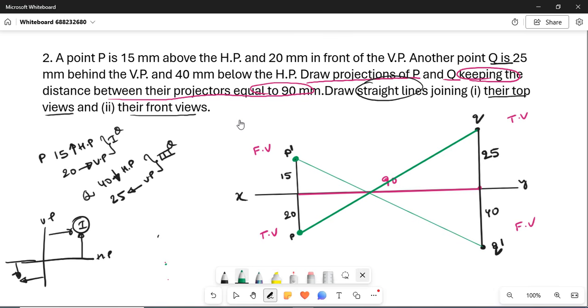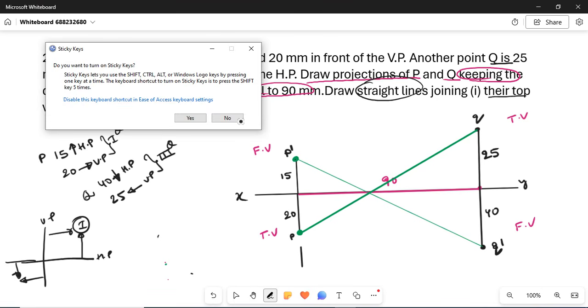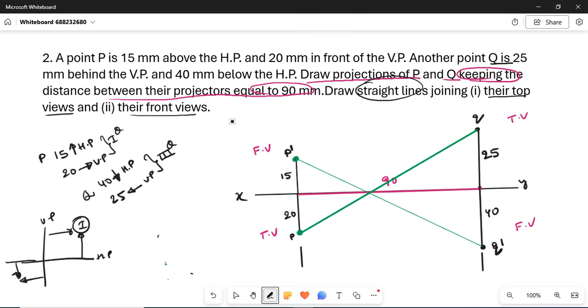You know that the distance between these projectors must be 90 mm. So this is the P projector and this is the Q projector. This distance must be 90 mm. You have to show it in dimension format.